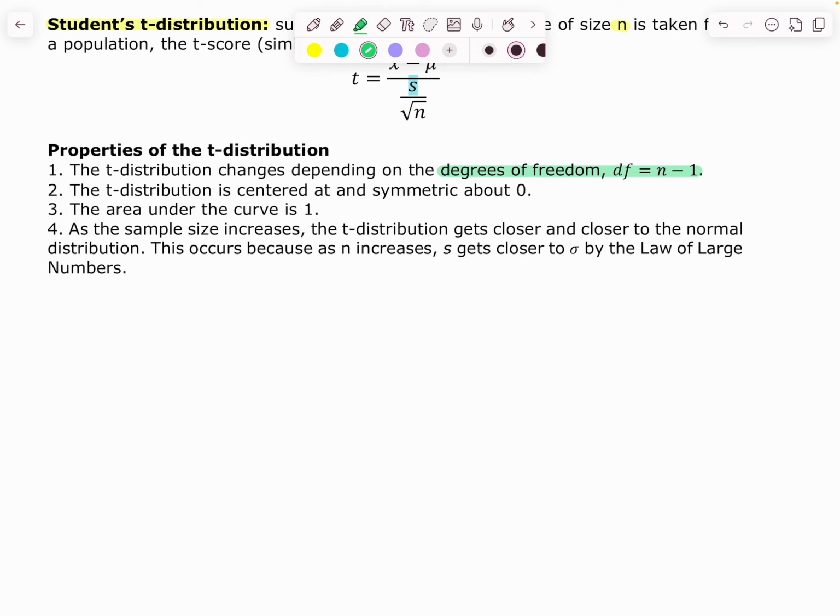This occurs because as n increases, the sample standard deviation gets closer to the population standard deviation by the law of large numbers. So as we increase our sample size, we're getting closer and closer to the population size, so the sample standard deviation is getting closer to the population standard deviation.